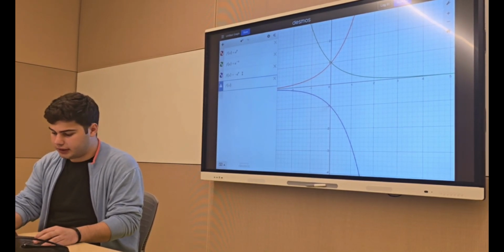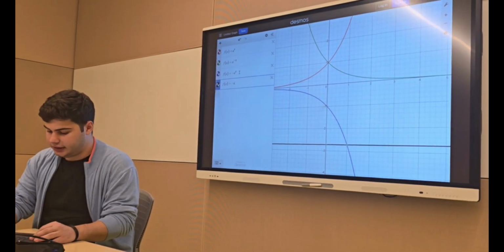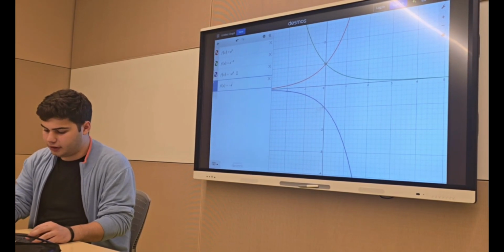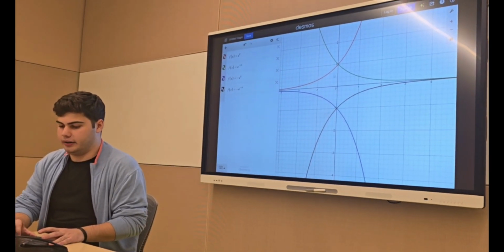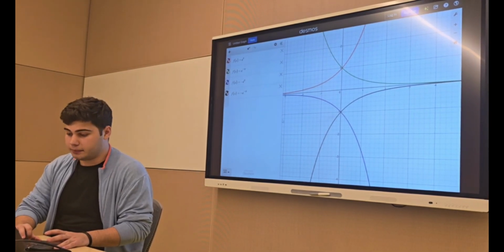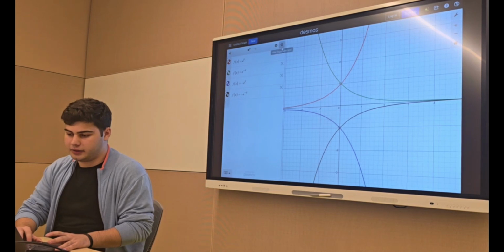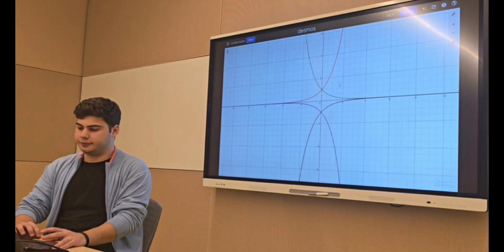Now at that moment, we will see that there will be 2 reflections, minus e to the power of minus x, and our graph will be reflected by the x-axis firstly and by the y-axis secondly. And these are how different changes and alternations in signs can affect our graph.